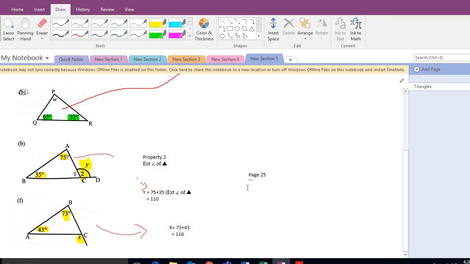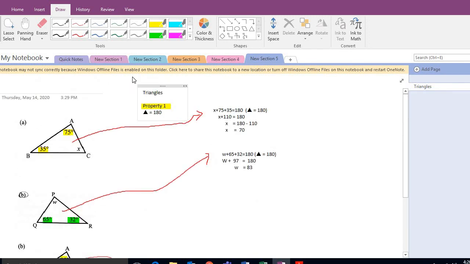Then you must do for me exercise 1, page 26 to 27, and it's A to L. Right, grade 8.